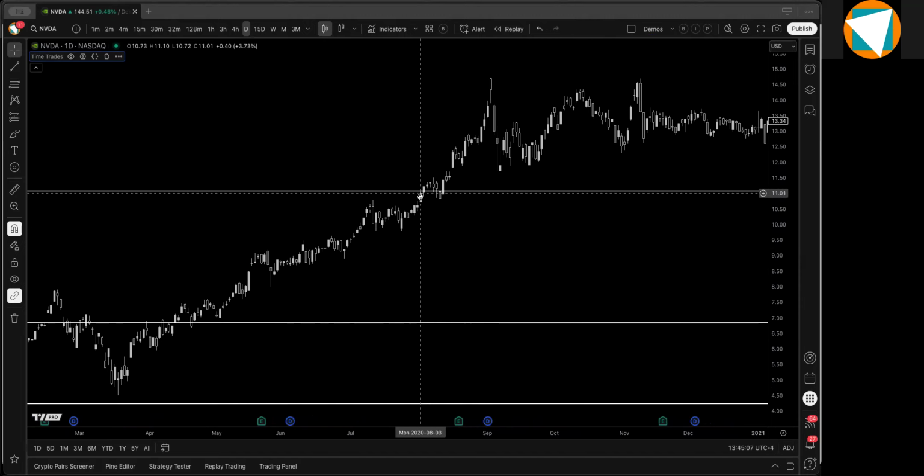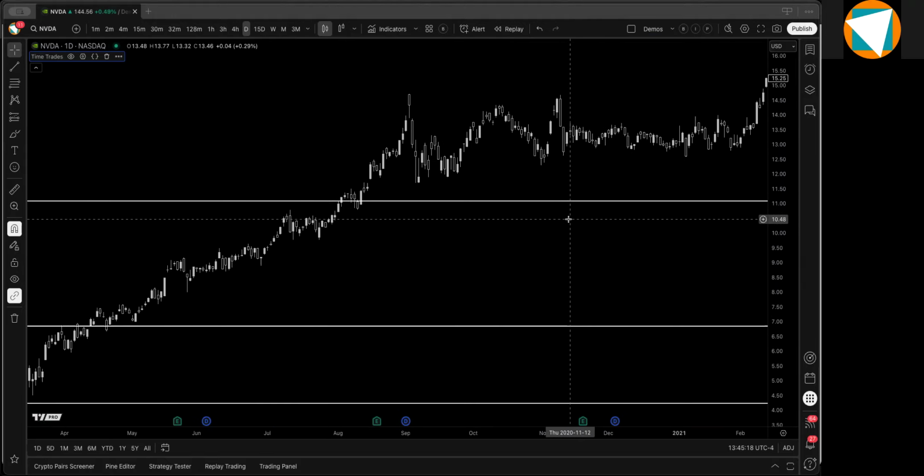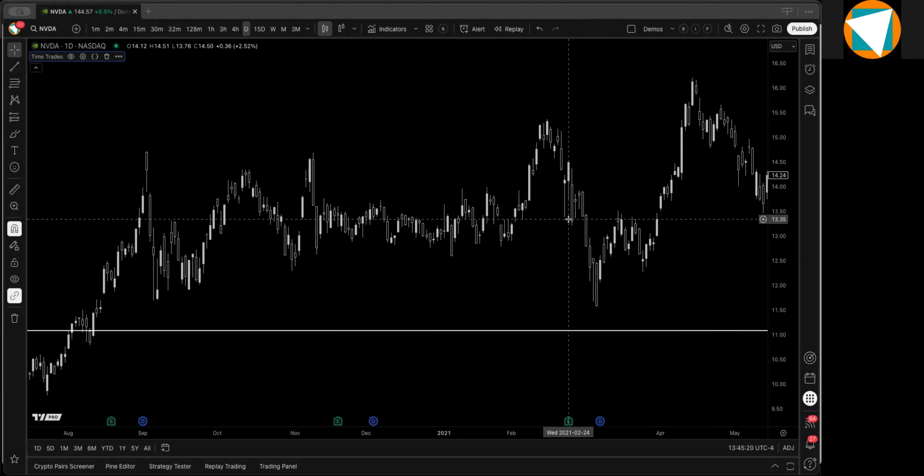And again, we come to the next one. We see similar behavior where we cross that white magic level, retrace a little bit to test it, and then a strong bar up is a sign of strength.